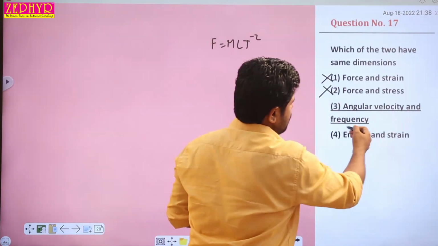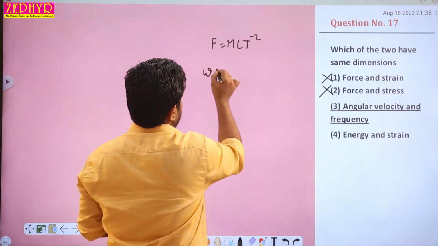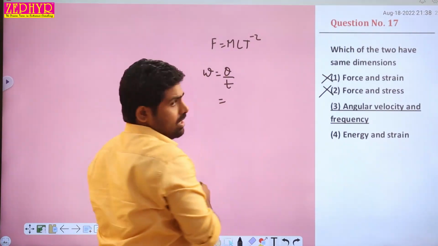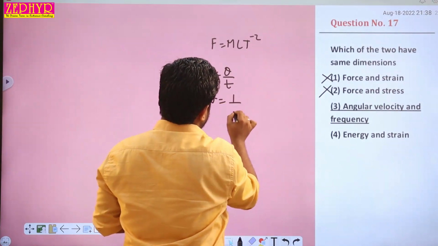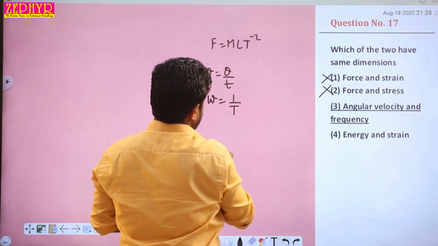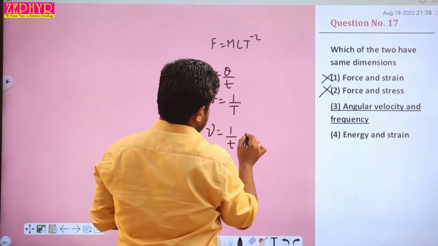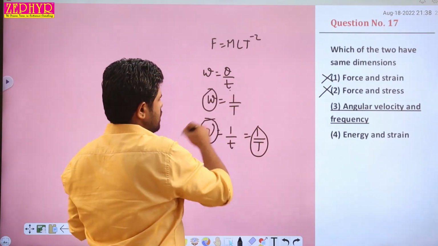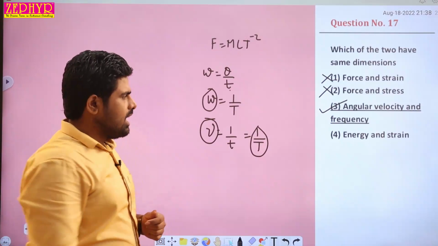Then angular velocity and frequency. We know angular velocity omega is equal to theta divided by t, that means theta is dimensionless, so omega is equal to 1 divided by t, and frequency nu is equal to 1 divided by time, that is 1 divided by t. So dimensionally omega is equivalent to nu, therefore angular velocity and frequency is the correct answer.